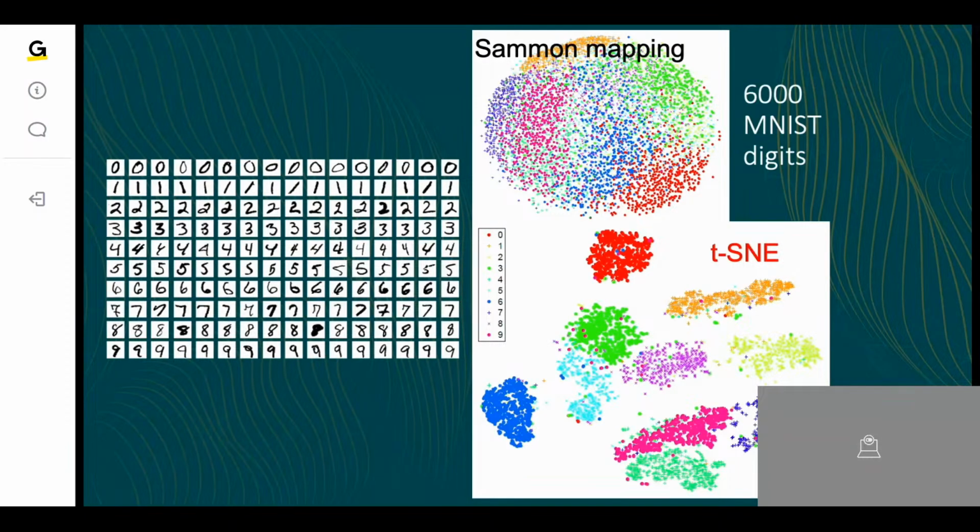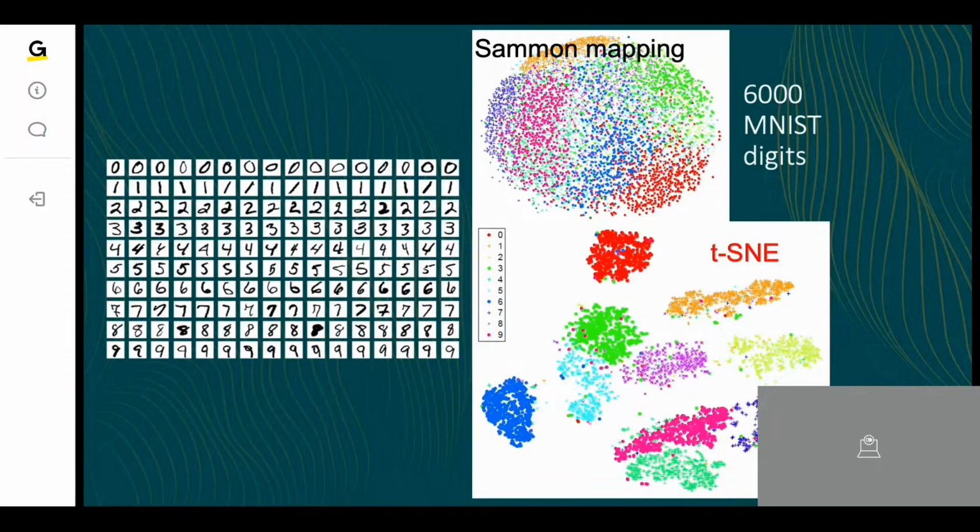So the MNIST data set, for those of you who are a little familiar with machine learning, has been quite popular in machine learning for many years, where the problem was to be able to identify, or OCR read, digits written by hand. And the idea is, if these handwritten characters were to be represented in a lower dimensional space, how would they look?